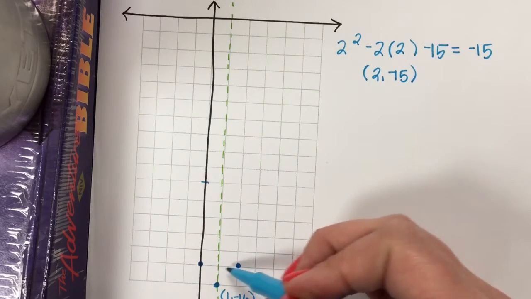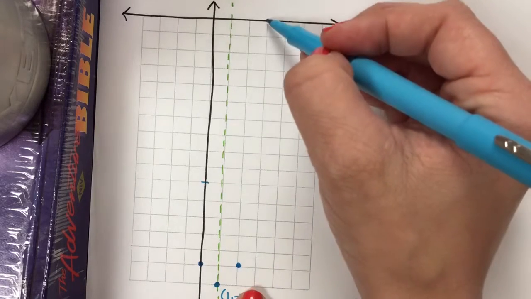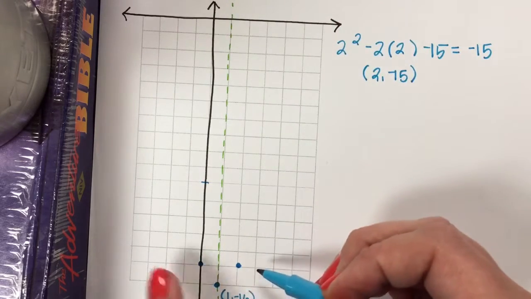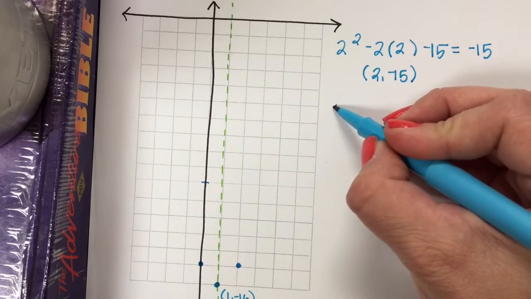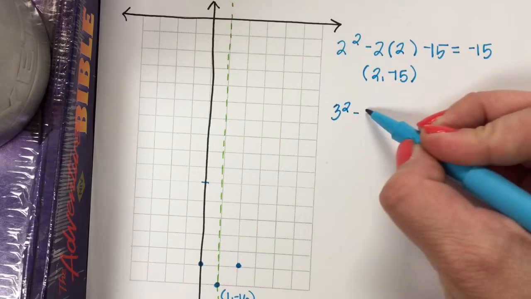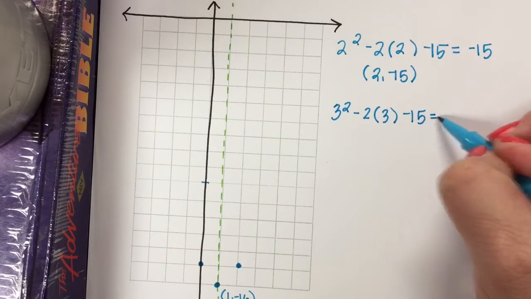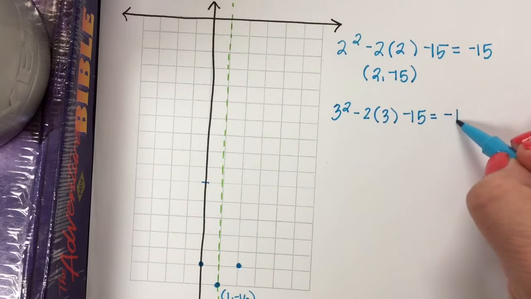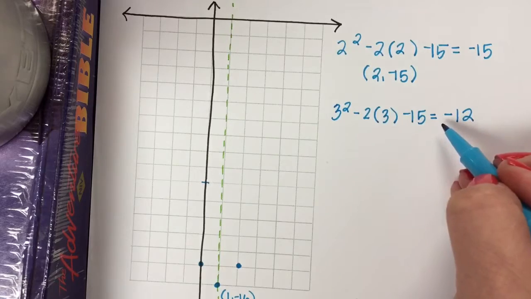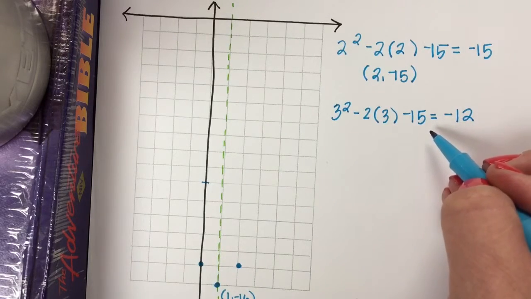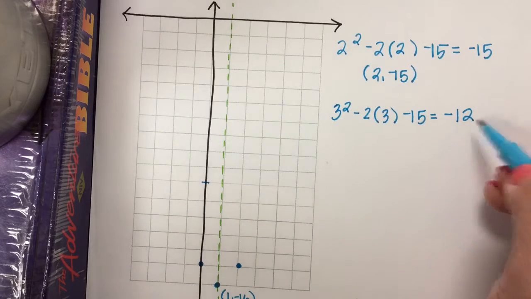Now the next space over is 3. I could even plug in negative 1, but I'm going to plug in 3 just because I think it's easier with positives. So 3 squared minus 2 times 3 minus 15. It's 9 minus 6 is 3, and then 3 minus 15 is negative 12.